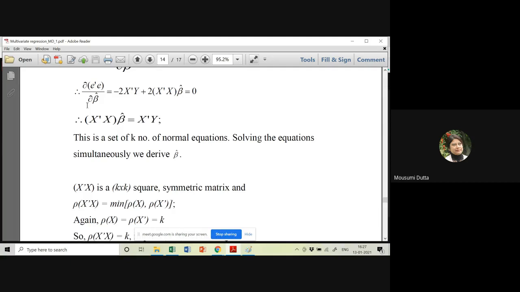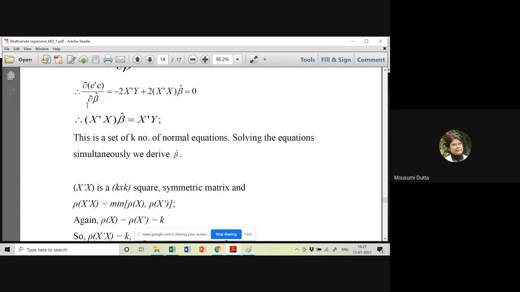This can be presented as minus 2x prime y plus 2x prime x beta hat. By the rule of minimization, I set this first order condition equal to 0: minus 2x prime y plus 2x prime x beta hat is equal to 0.